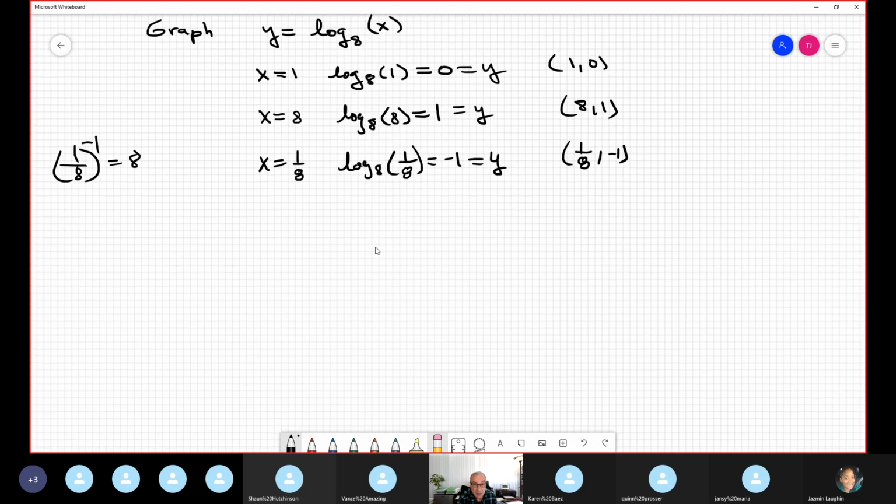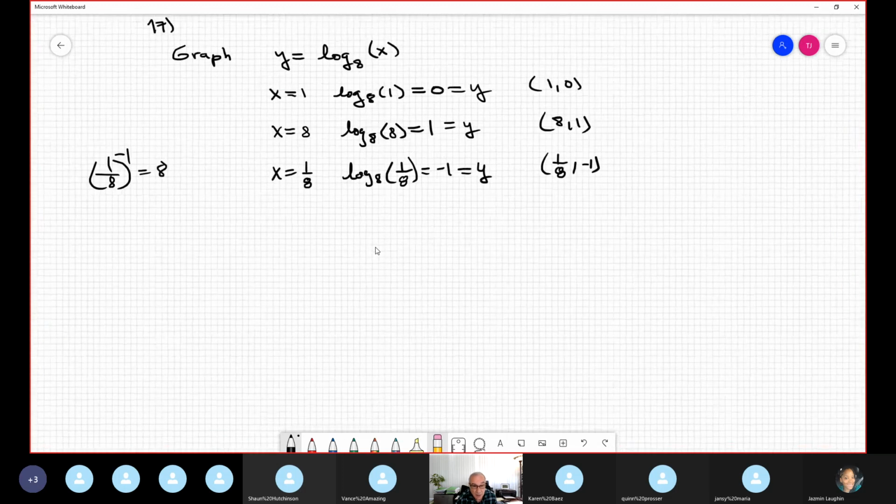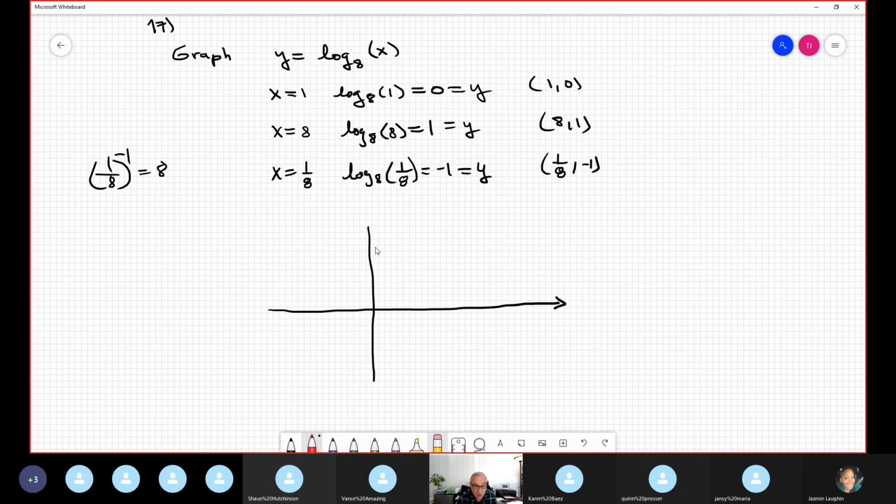By hand, I need to know that any logarithmic graph has a vertical asymptote at x equals 0.